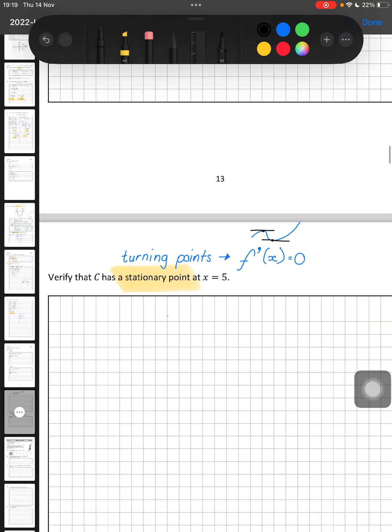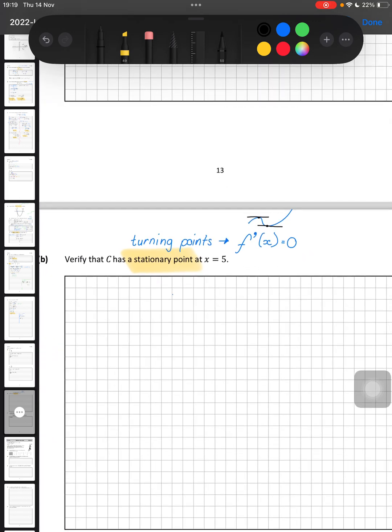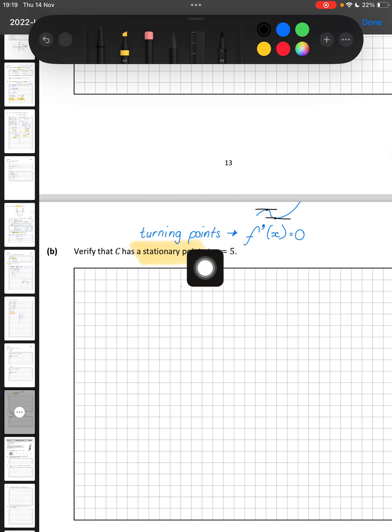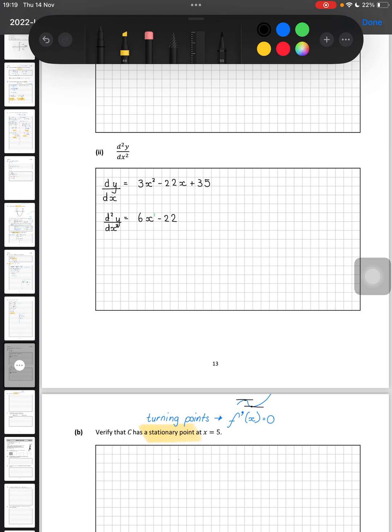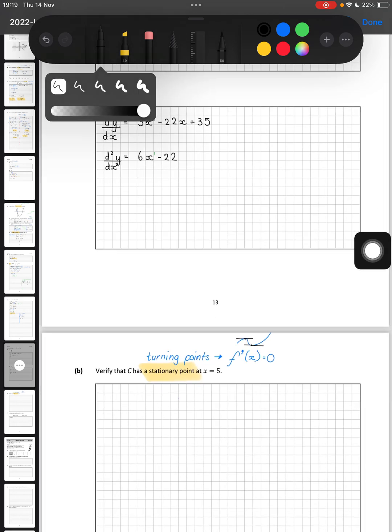I have 2 different ways of doing this. I can go and find my 2 turning points. Or I can say, what is the slope at x is 5? If the slope at x is 5 is 0, then I know it's a turning or stationary point. So earlier on, I found dy dx.